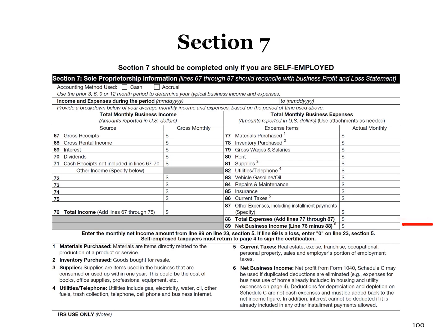You will subtract your total business expenses, line 88, from the total business income, line 76, and place the net business income here and on line 23, page 4 of the Form 433A.